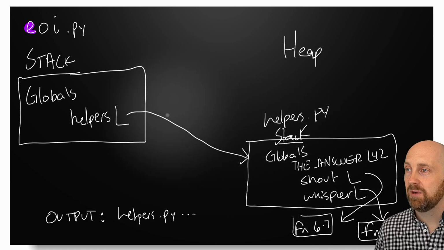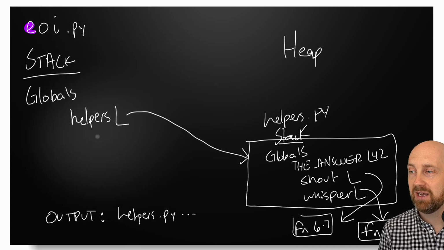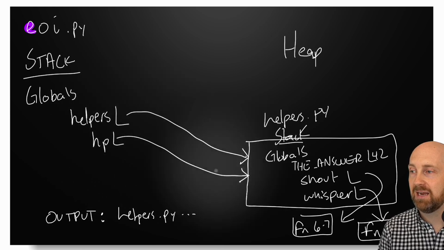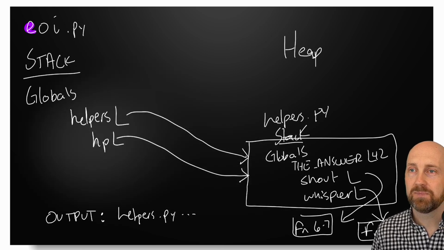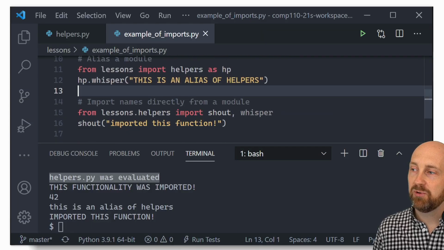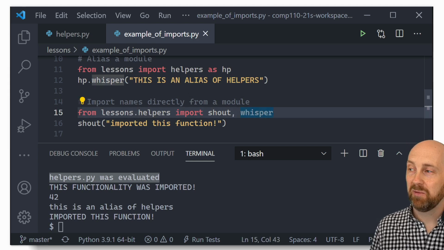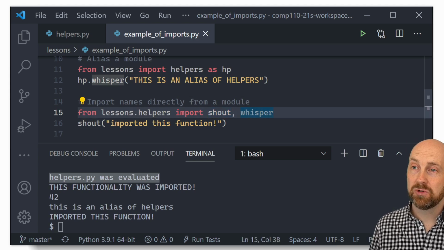So when we imported and we aliased as HP, what happened was we have another entry in globals that is HP that refers to the names in that globals frame as well. And lastly, when we imported these functions specifically, what happens is we set up references directly to those functions.